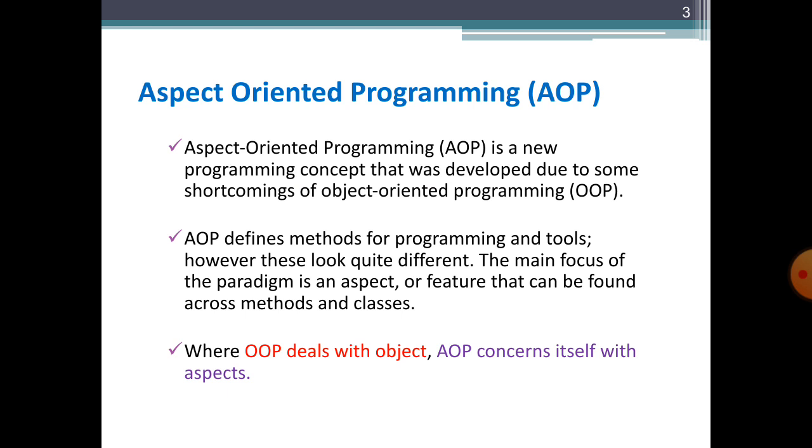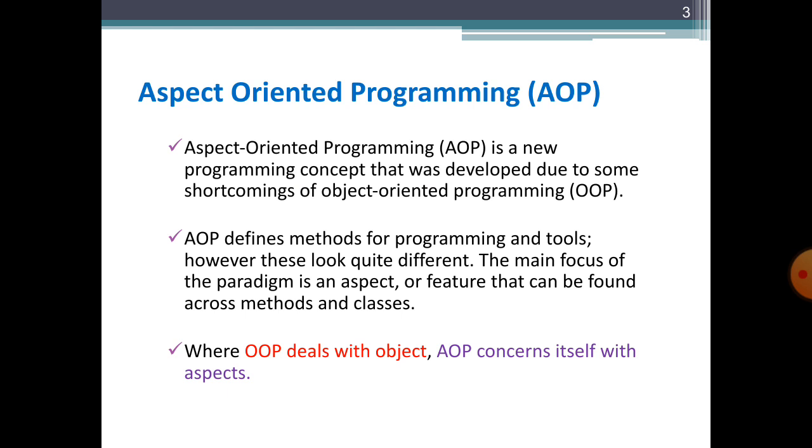This approach defines some programming tools, however these look quite different from other available tools. So we can say the primary purpose of this programming approach is an aspect. And what is an aspect? As I discussed, an aspect is a particular part or feature of something across methods and classes, which we call concerns.